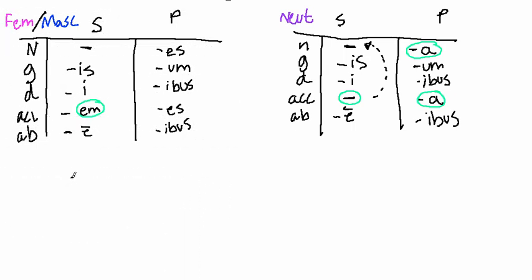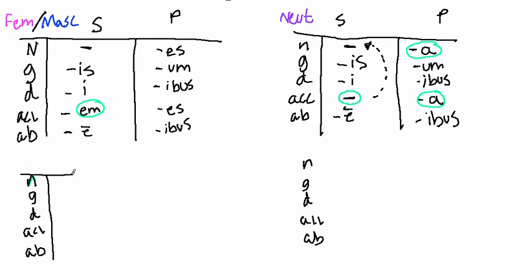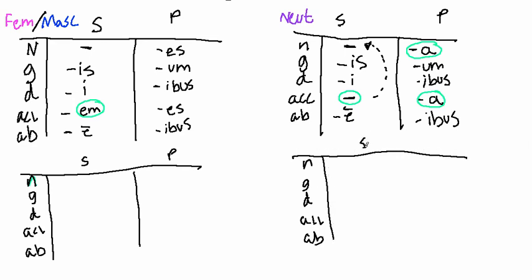I'll just redraw my chart. Okay. Nominative, genitive, dative, accusative, ablative, and I'll make another one for neuter. Nominative, genitive, dative, accusative, and ablative. And just finishing off my chart: singular, plural, singular, plural.